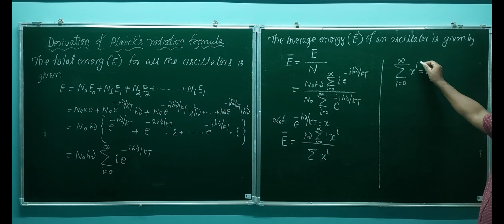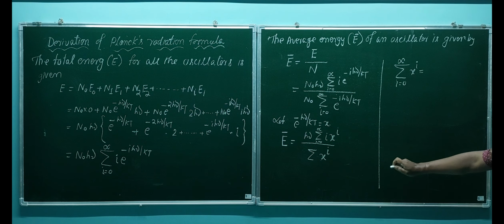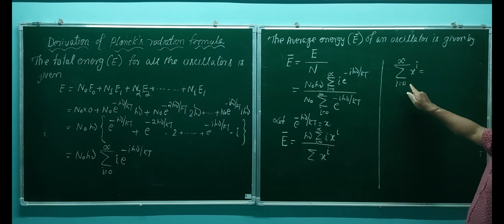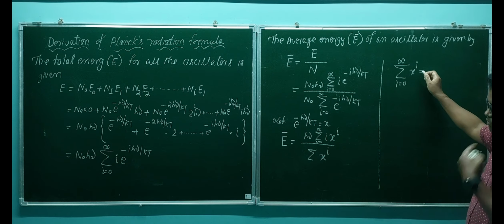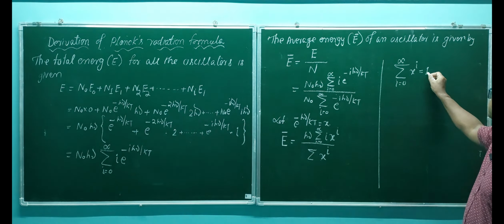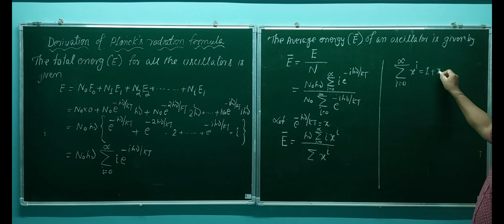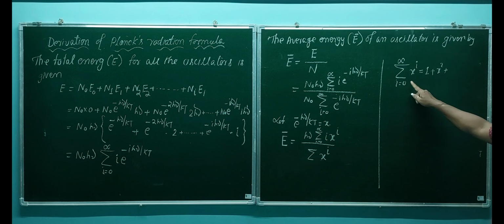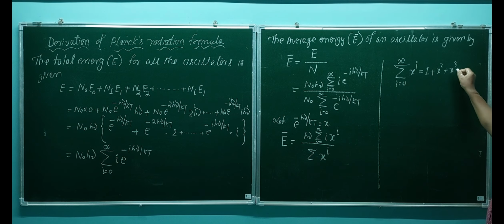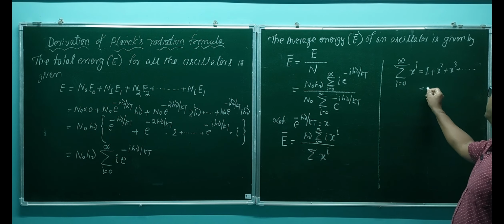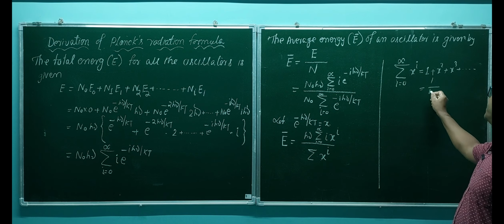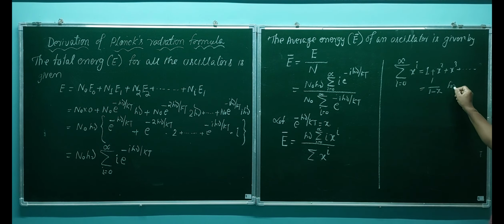If you expand this we get x to the power 0, that is 1, plus x square plus x cube plus and so on, equal to 1 by 1 minus x for x less than 1.